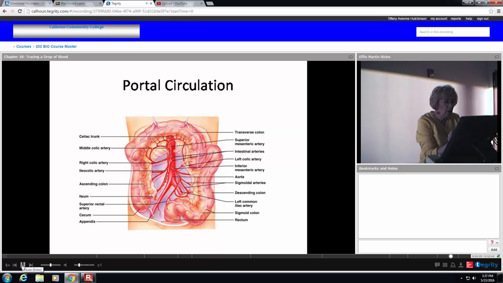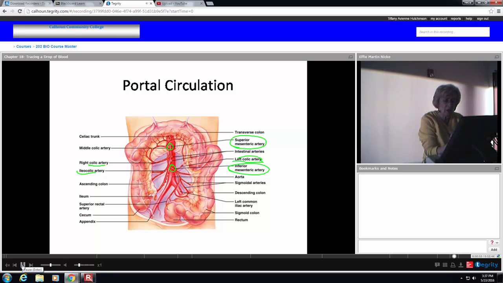This is showing your superior mesenteric right here, and there's your inferior mesenteric. And then notice there's just branches that come off of that. Right colic would be to the colon, ileocolic, referring to the position it's in.